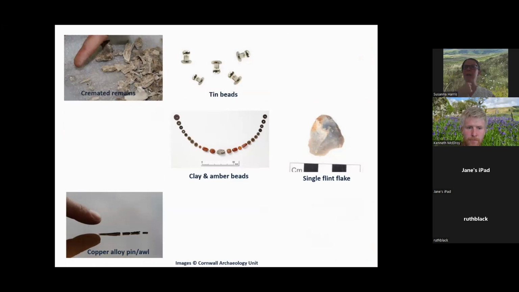But if we take away that organic preservation and look at the cremated remains, the beads, the flint, this is what we find really very commonly in burials of this period. And so it's a reminder of what's missing. Yes, we find the flints, and this is typically what we see.